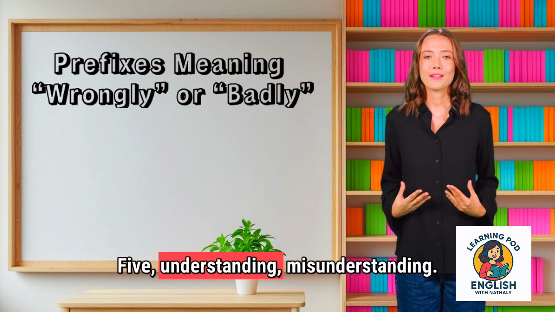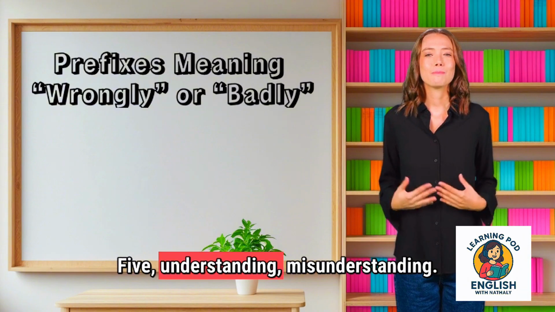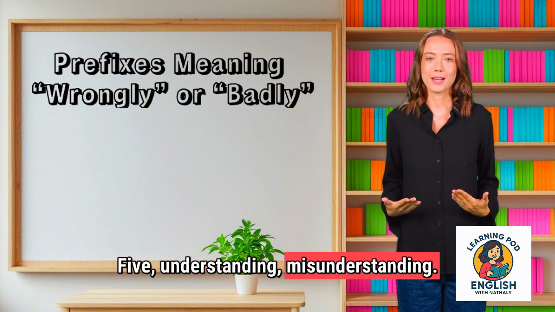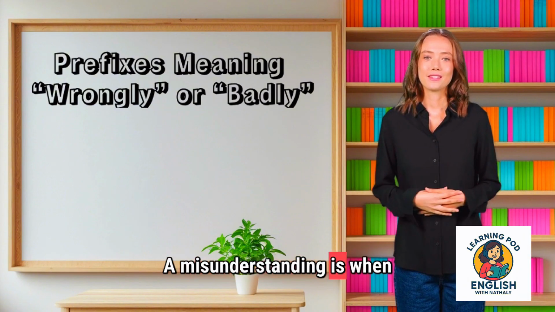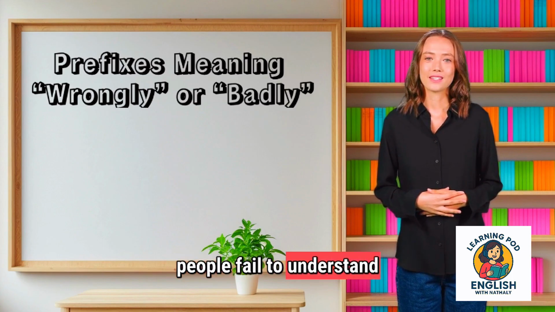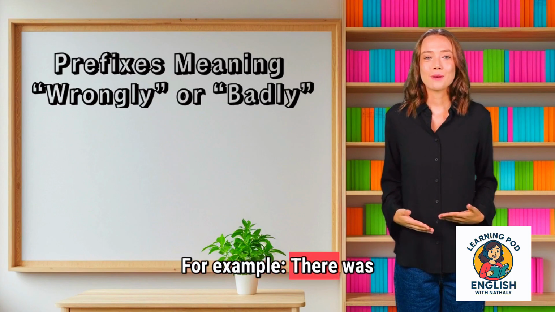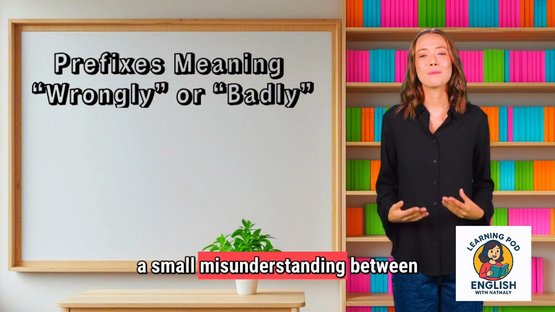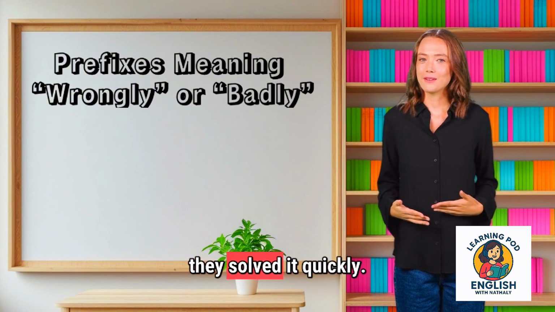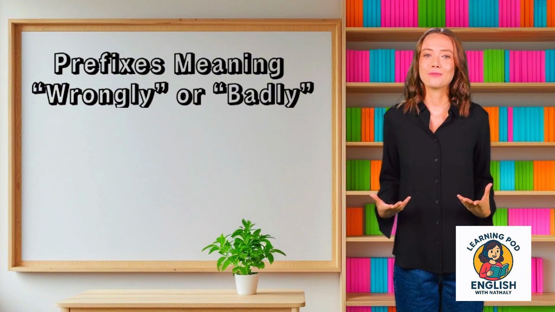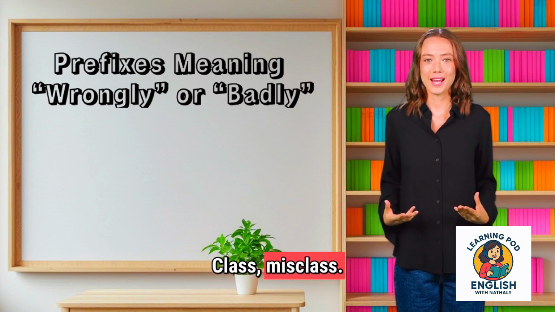5. Understanding, misunderstanding. A misunderstanding is when people fail to understand each other correctly. For example, there was a small misunderstanding between the two friends, but they solved it quickly. 6. Class, misclass.